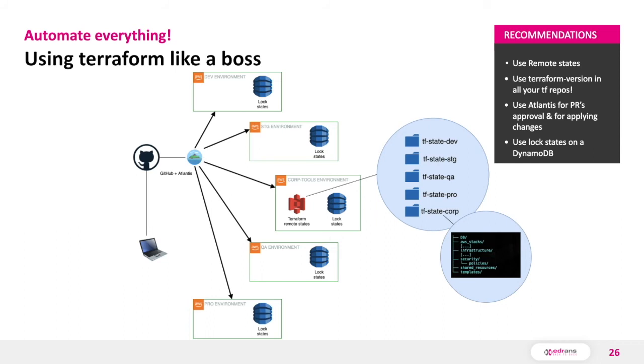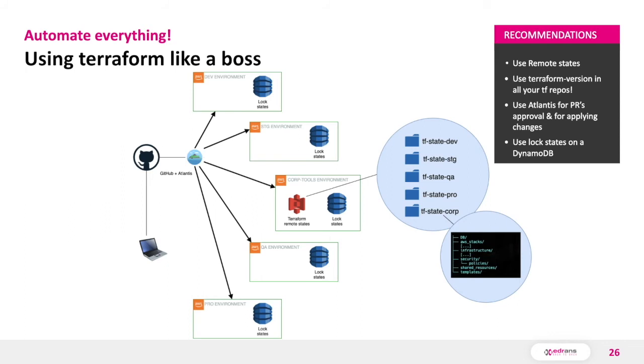This will prevent collisions or mistakes by locking states and enqueuing them, so only one technician at a time will create, change, or destroy a resource. You can also use Terraform version files to stay on one version and force everyone to work with it in that repository. It will prevent configuration drift caused by changes across different versions.